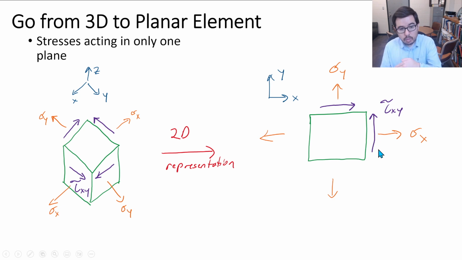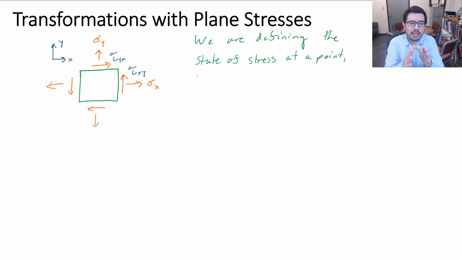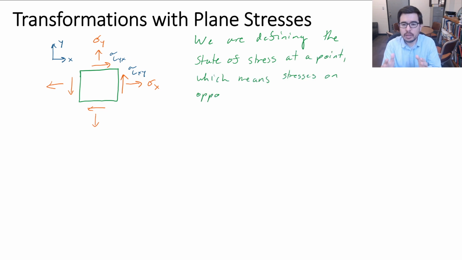And then in the y, it's positive in the y, so it's up, like we see there. We've gone through this a few times now. So that's how we define our plane stress. So how do we go about transforming? Or why do we transform? Well, we are defining this state of stress at a point.